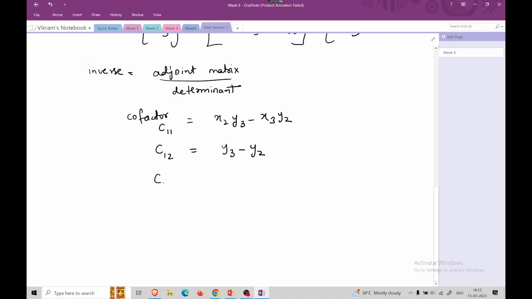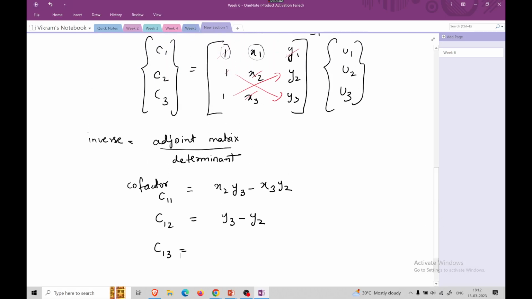So C13 I can write. What will that be? For the y1 element, I delete these two elements and I simply do the cross multiplication for these two.